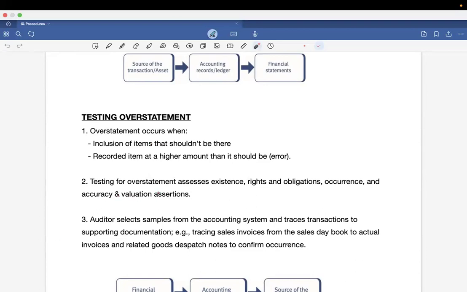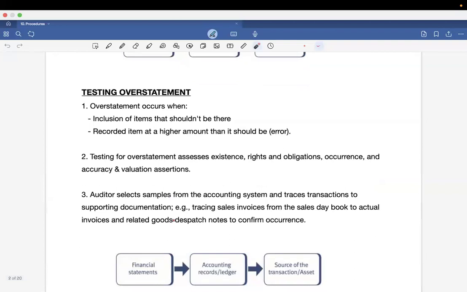So with overstatement, we are going to test the existence, whether this particular amount is there, or whether we have the right or obligation to make that due, whether it has actually occurred, whether the amount is accurate and the valuation is correct. Clear? So here also the auditor is going to select some samples.